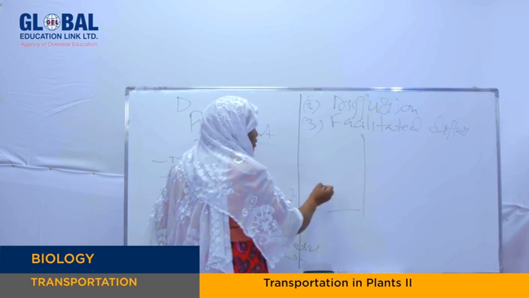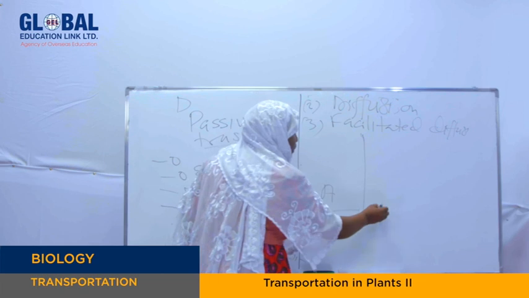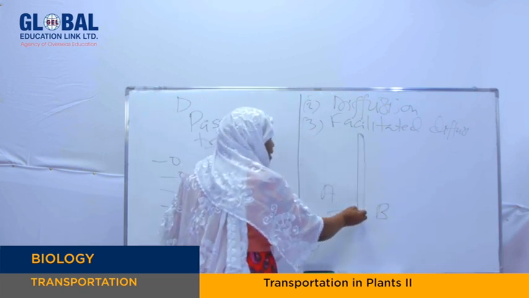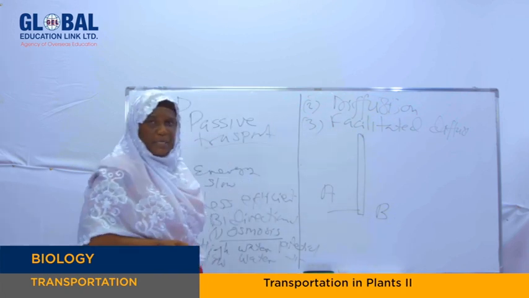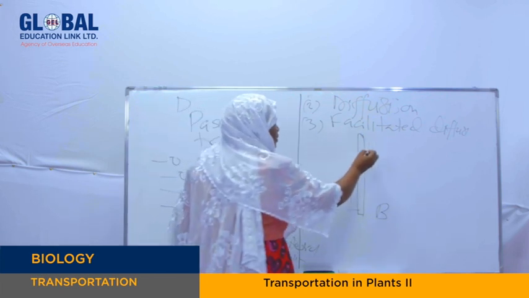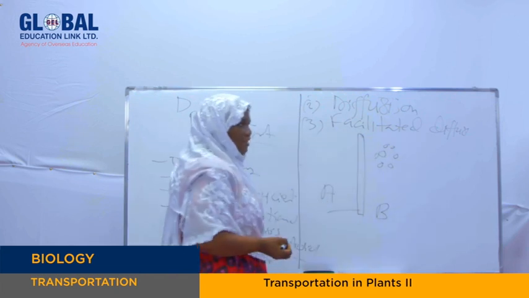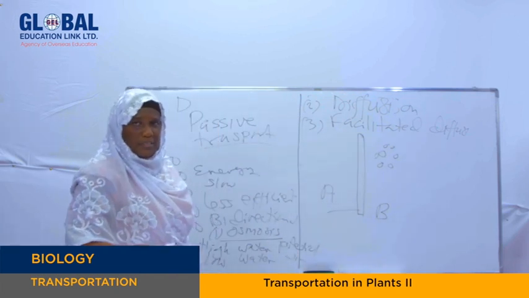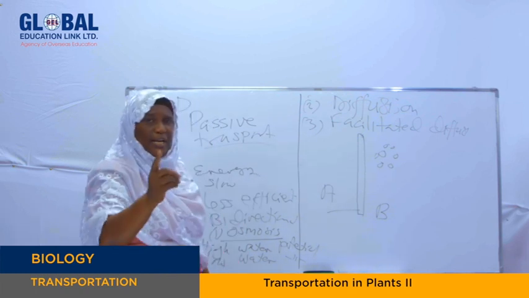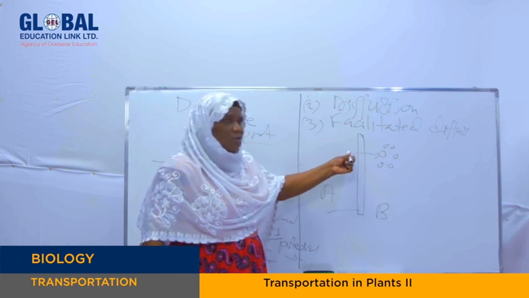Let's say this is medium A and here medium B. These 2 media have been separated by a membrane. And here, let's say there is high concentration of ions compared to this side. But without carrier molecules, these molecules cannot diffuse to this side.